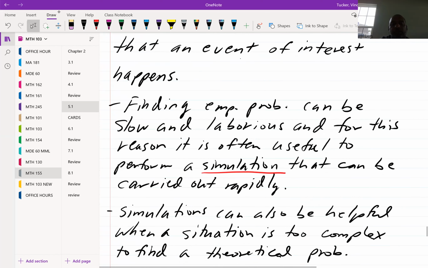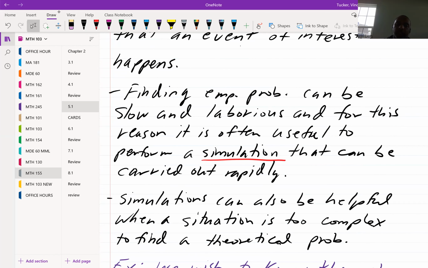Simulations can also be helpful when a situation is too complex to find a theoretical probability.